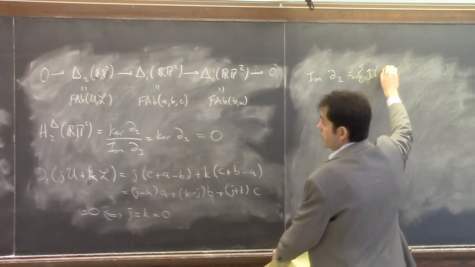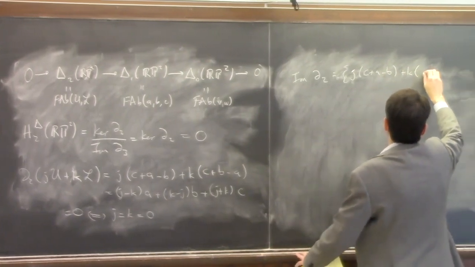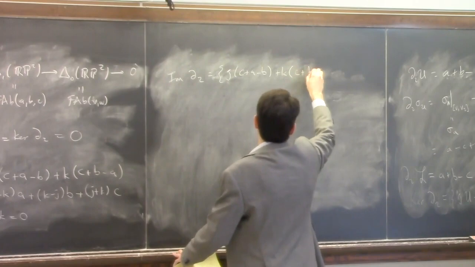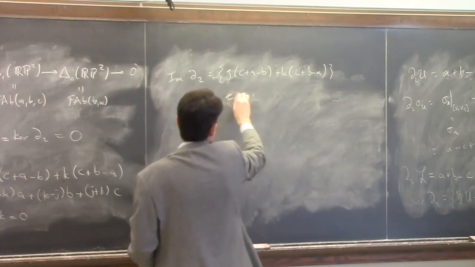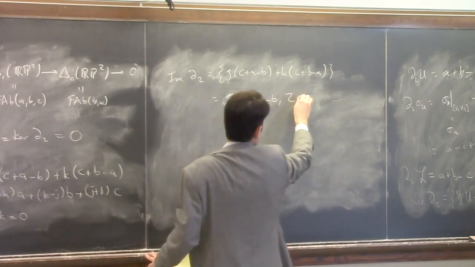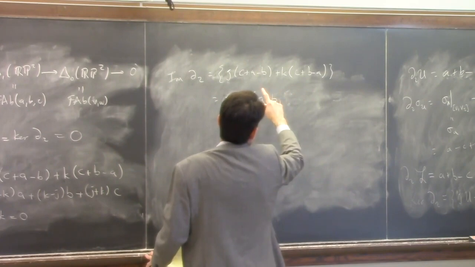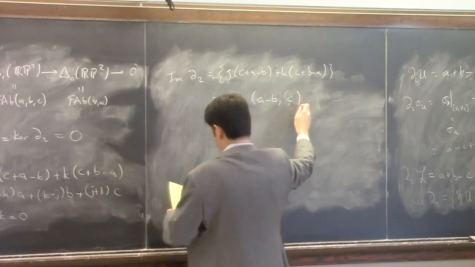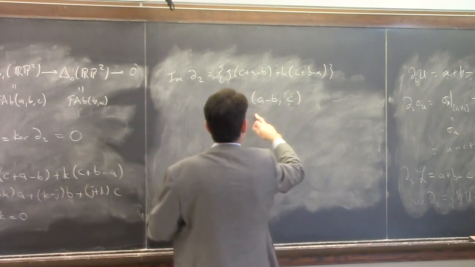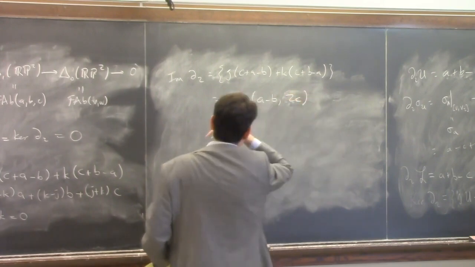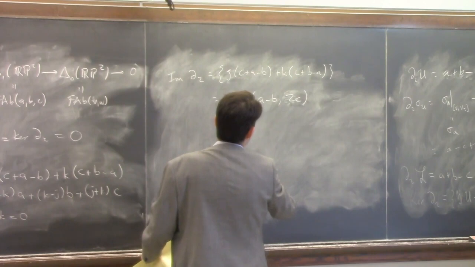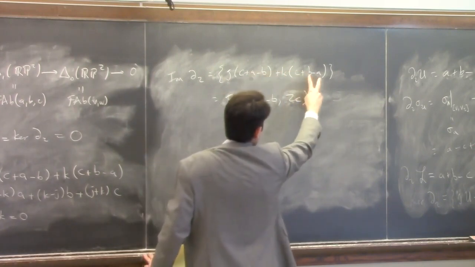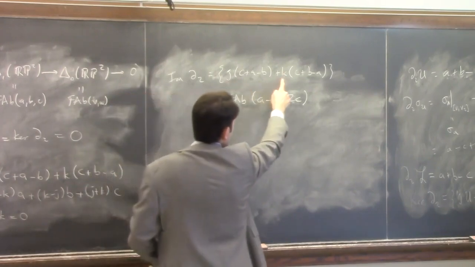It's going to be J times (C plus A minus B) plus K times (C plus B minus A), right, which we could write as, take any multiple of A minus B, and 2 times C. Right, because if you want to get rid of the A's and B's, then you need J to be equal to K, right?